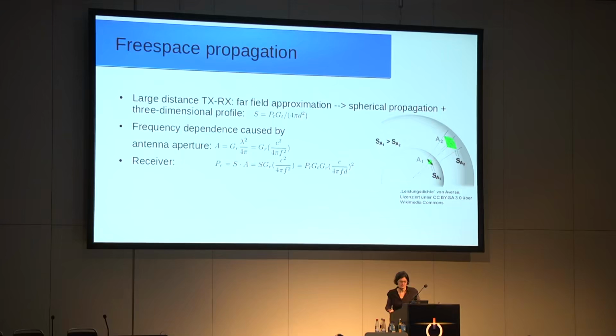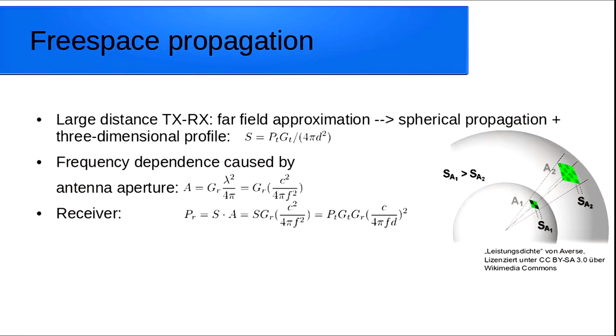We also know that higher frequencies do not reach as far as lower frequencies. And this is caused by the antenna aperture, the A, which equals the antenna pattern G_R times λ², our wavelength squared, divided by 4π.